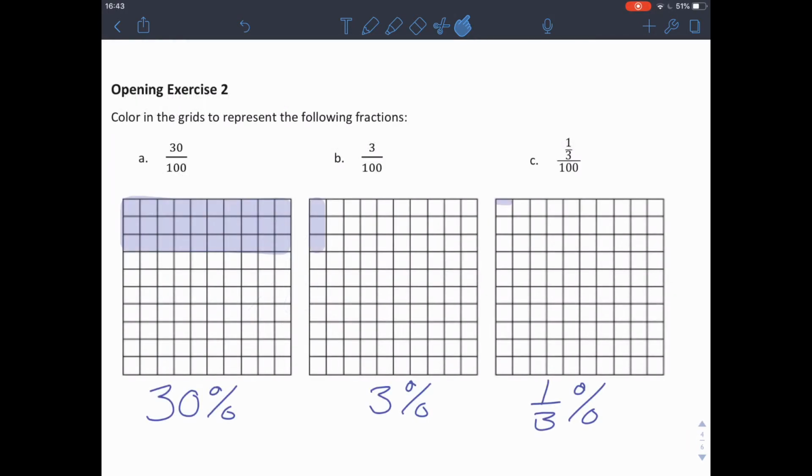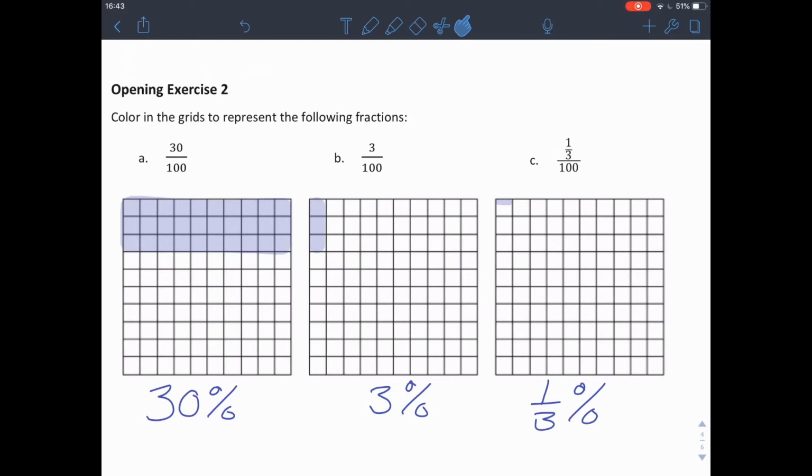To try to visualize some percents, we have some hundreds grids here, and we can use them to represent these fractions and then see what they look like as percents. So 30 over 100 would be 30 colored in blocks out of these 100. That is 30% of our whole, 30 per 100. For 3 out of 100, or 3%, we only have 3 of the boxes out of the full 100.